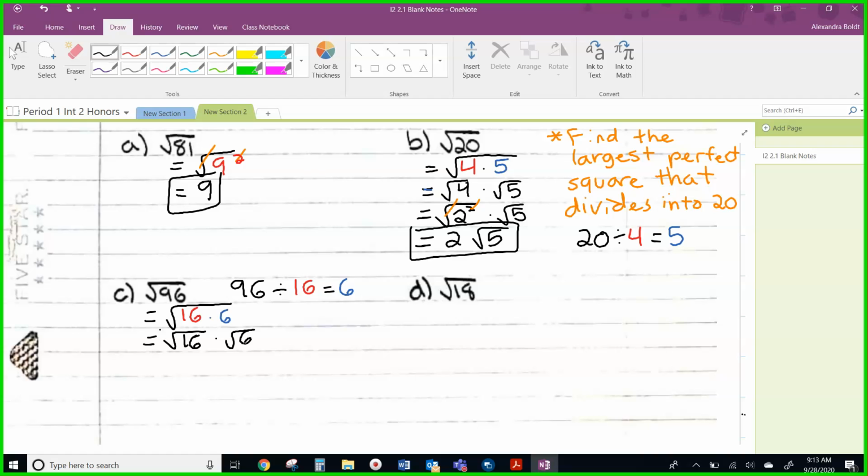Again, we chose 16 as a number we can divide by because 16 is really 4 squared. So our squared and our square root cancel, and we're left with 4 square root 6.